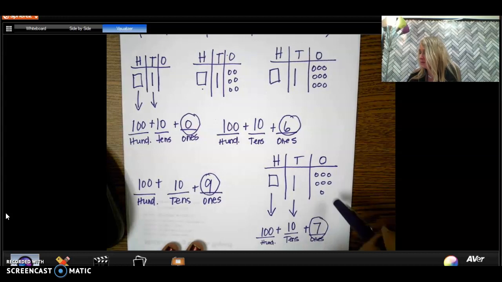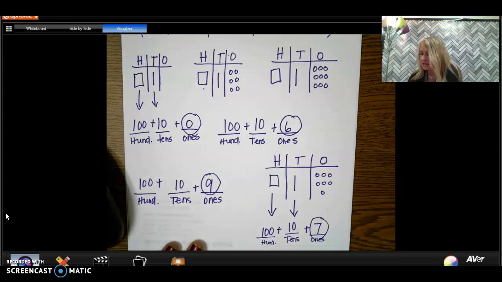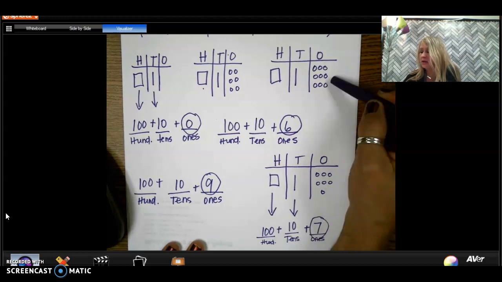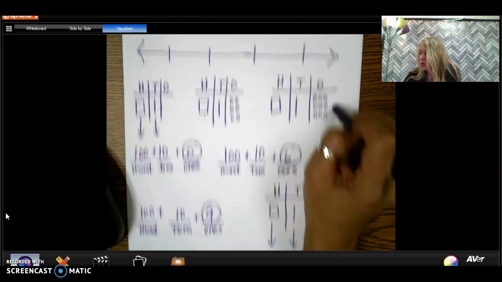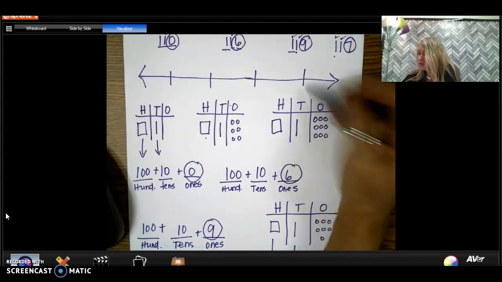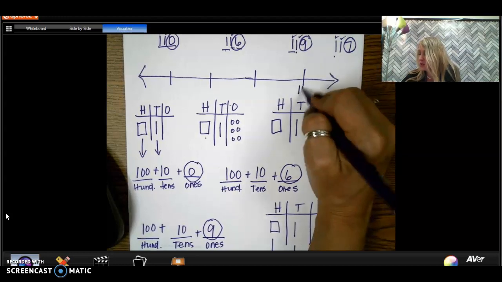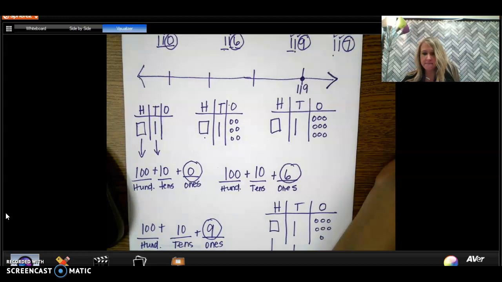Aha, 7? No? But that's a lot of ones. Oh, wait, look here. They have more ones in this number. What was this number? 119. There are 9 ones. So that's going to be our greatest number. We will put that one on the greater than side.